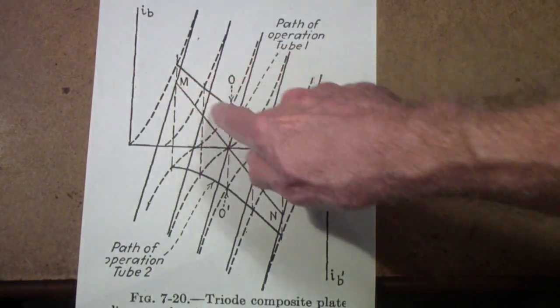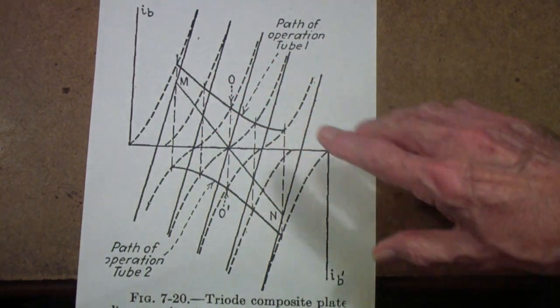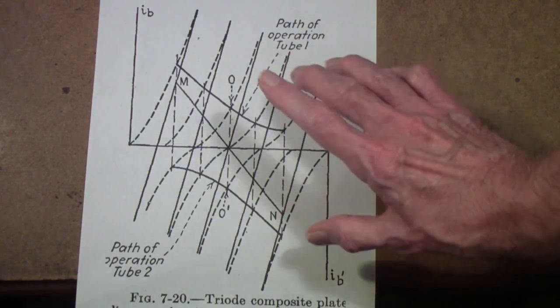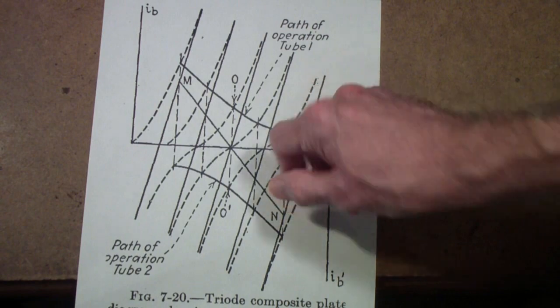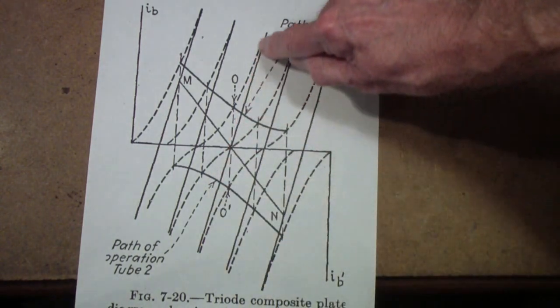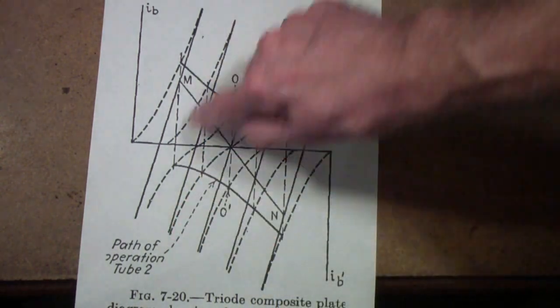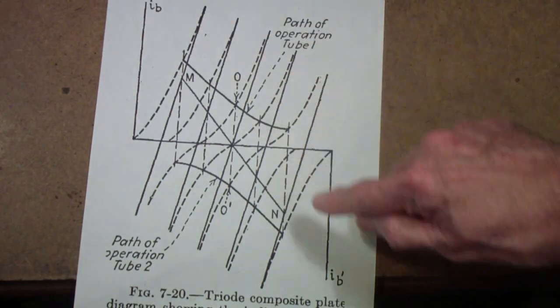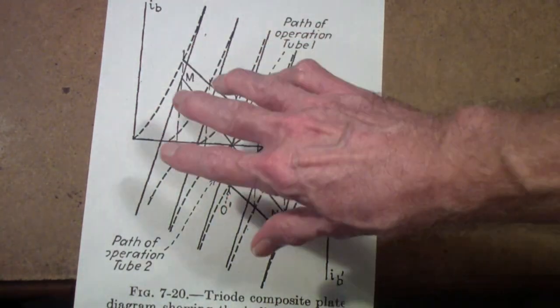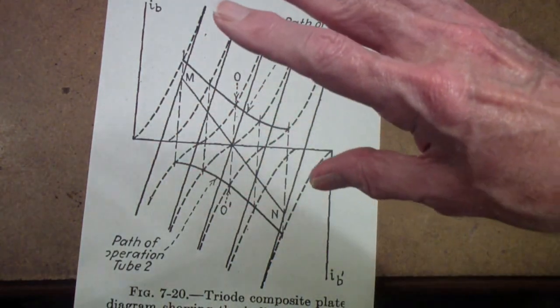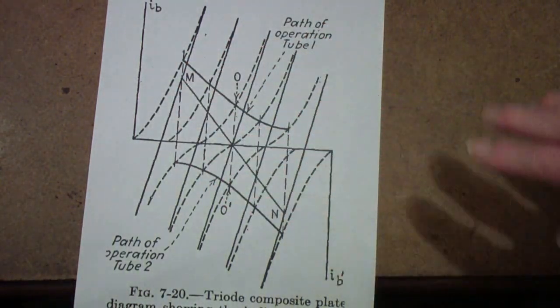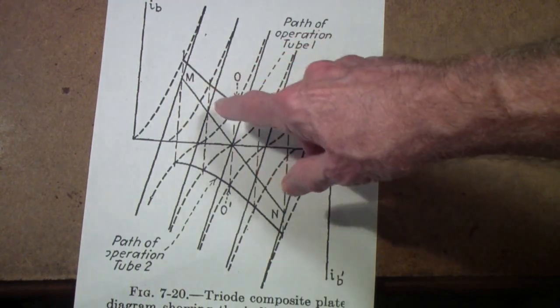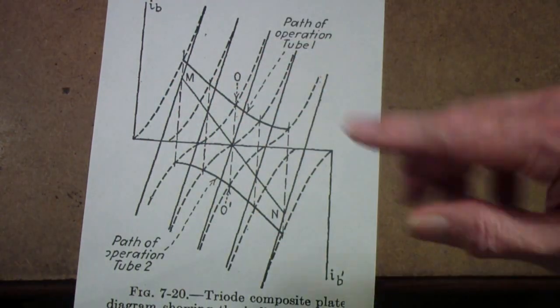The other tube operates along this path, but the circuit, the combined push-pull circuit, operates along this straight load line and along these characteristic curves. So what we have done is we have straightened out the, actually the even harmonics, by balancing the tubes and balancing the transformer.